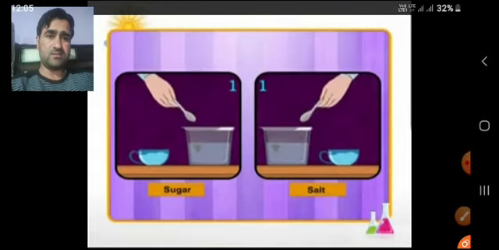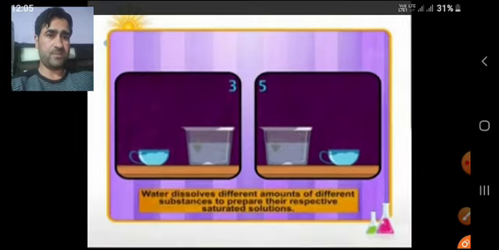Like I said, at a particular temperature, you can see we are just dissolving sugar and salt in the same amount of water and we are adding the solute. Water dissolves different amounts of different substances to prepare their respective saturated solutions.